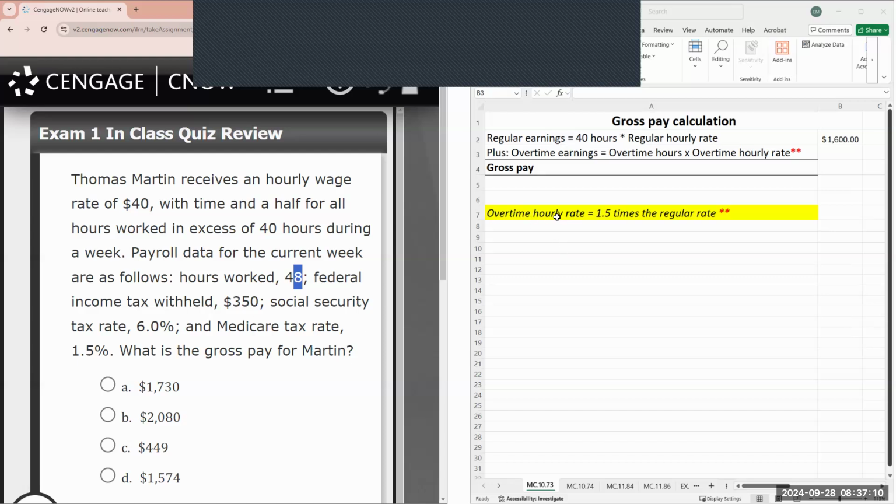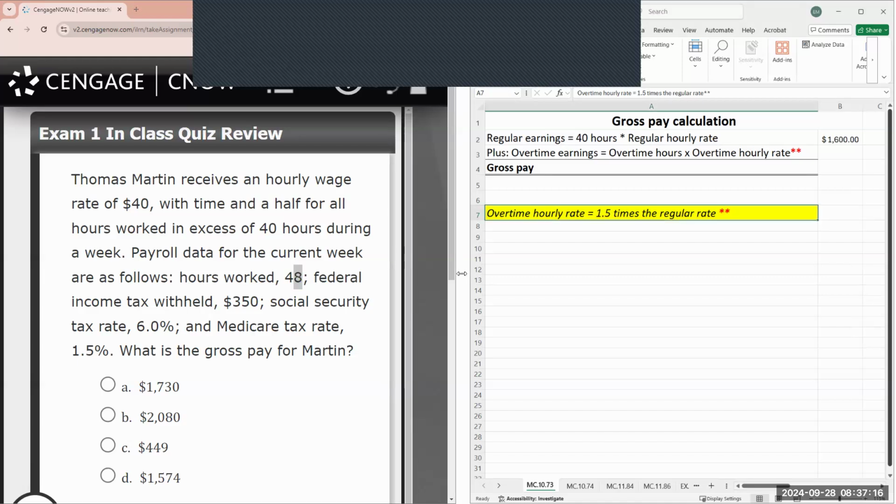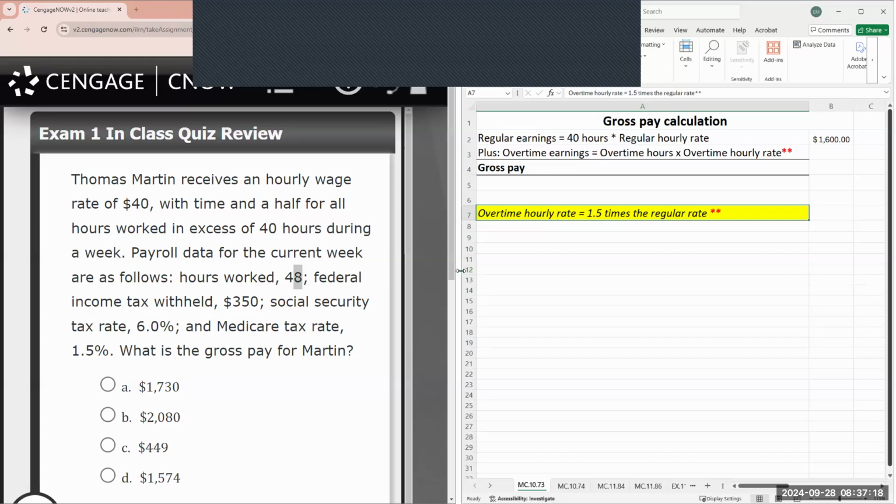So in order for us to determine the overtime hourly rate, this is like a tongue twister. All right, it's 1.5 times the regular rate.